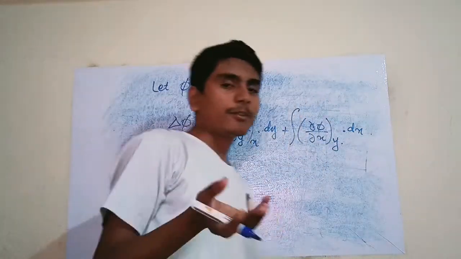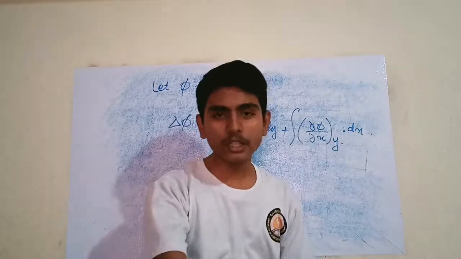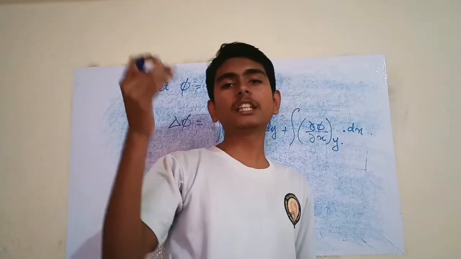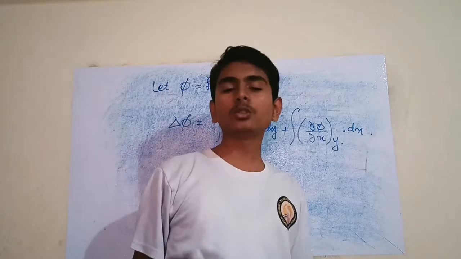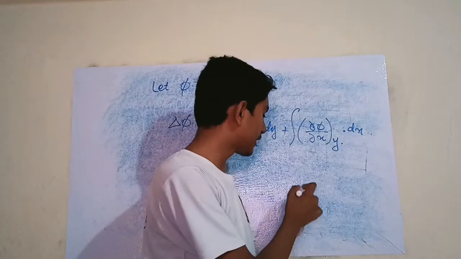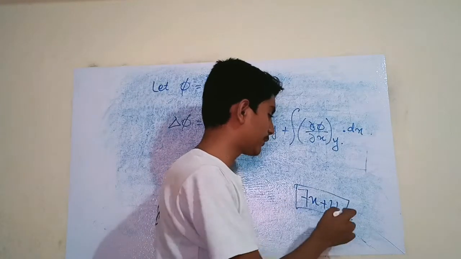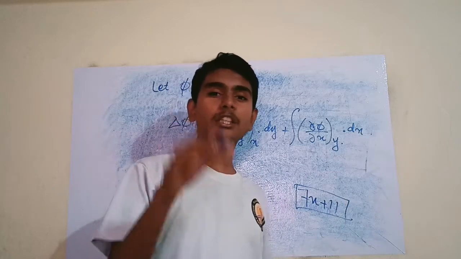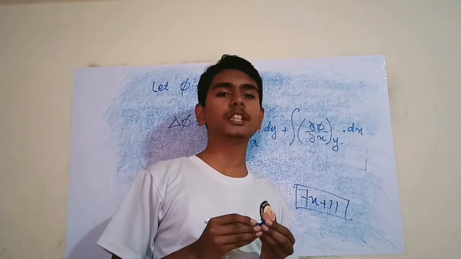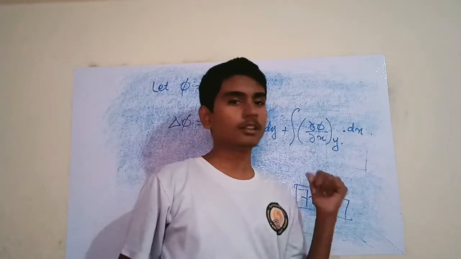Now you will take differentiation. If an equation is given in which one variable is there, then differentiate or integrate with respect to that variable. If you take the equation 7x plus 11 and are told to differentiate this equation with respect to x, how will you differentiate? You will take x as the variable, the other as constant, and differentiate.